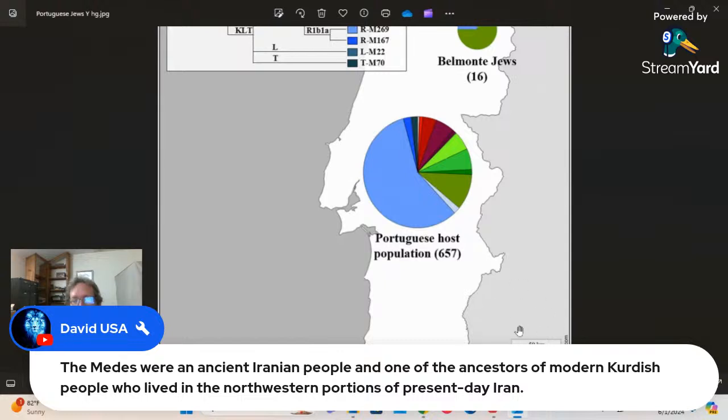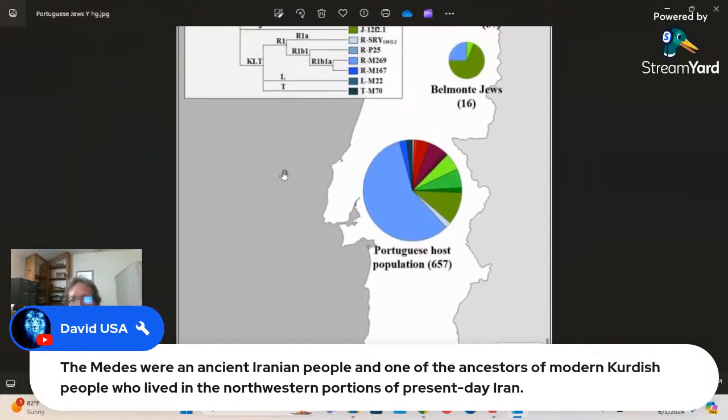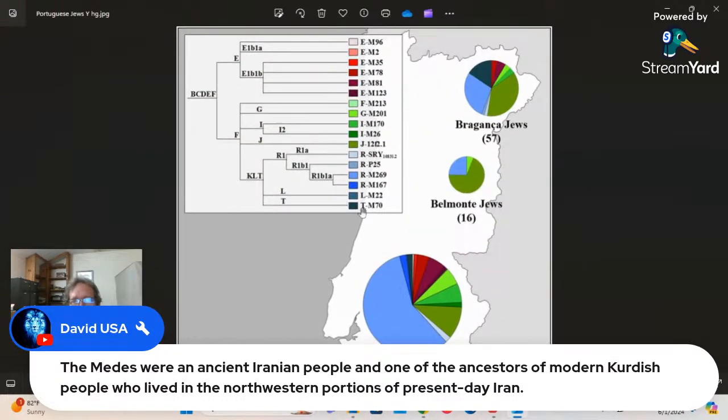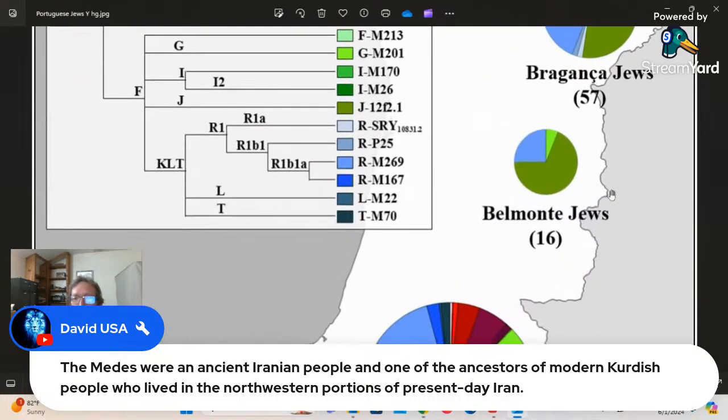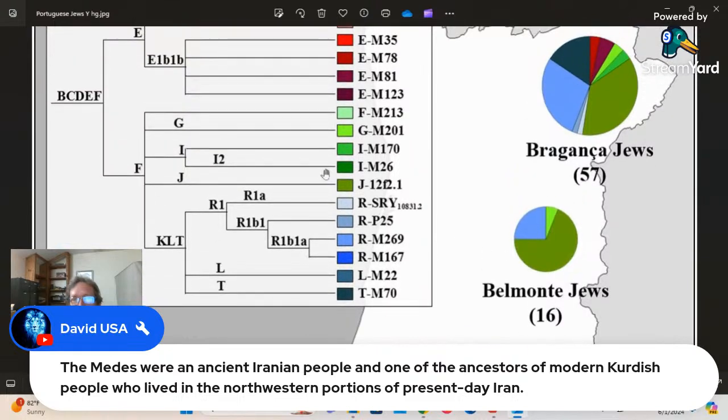So here we do have the T, and the only place you do have the T is where Tarshish is here in Iberia. So that's a T. So that probably does explain the T in the population of the Braganza Jews. But the Belmonte Jews, which seems to be more Judaic than anything, doesn't have the T in their population.